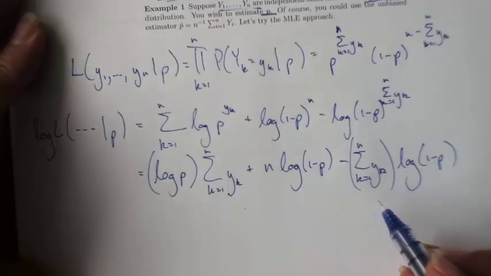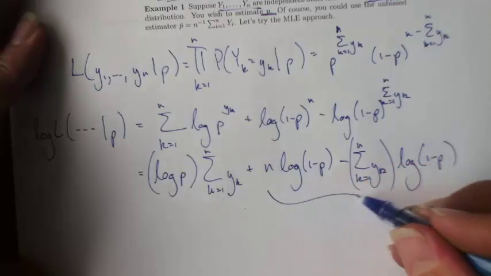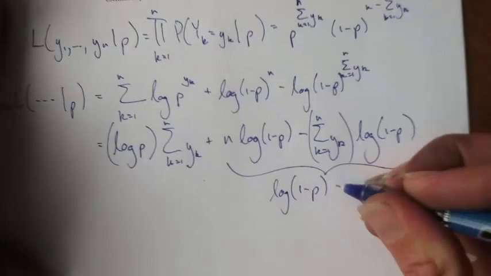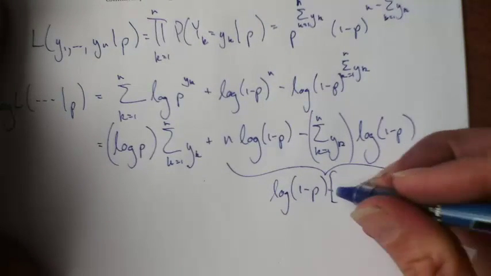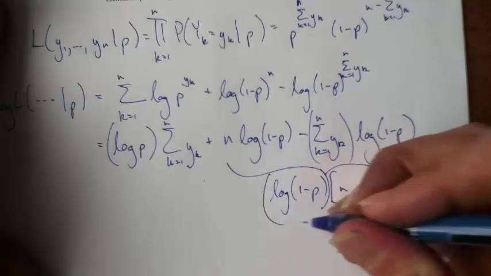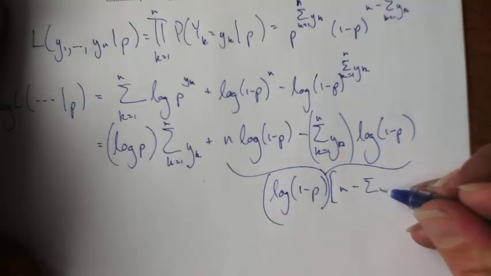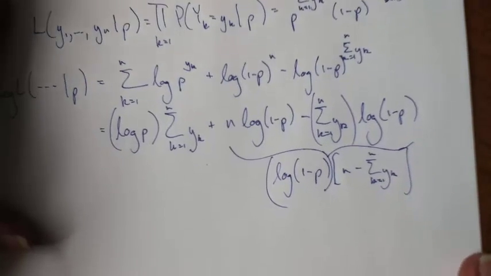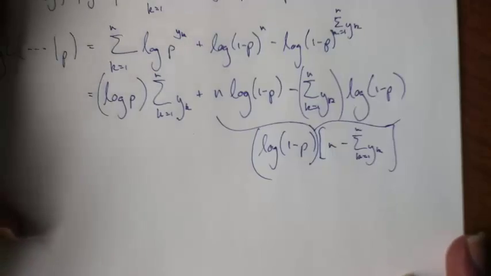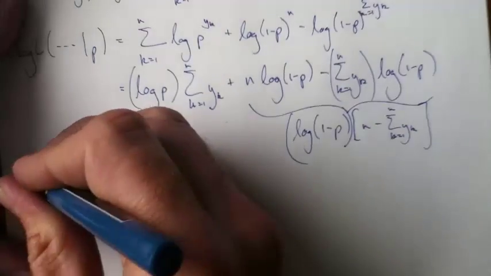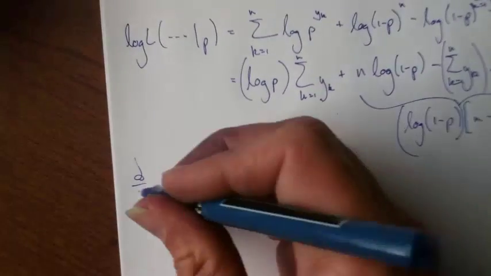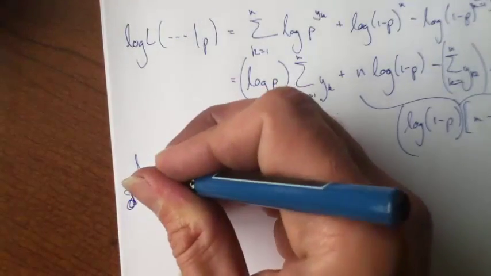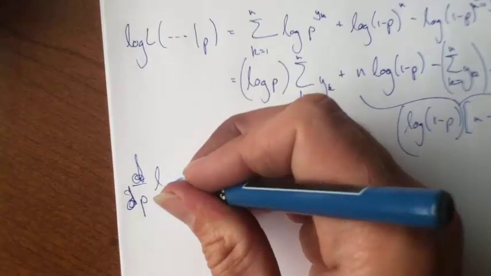Now, all of this stuff is log of 1 minus p times quantity n minus the sum of the y's. Okay? And now I'm going to differentiate all this stuff with respect to p.